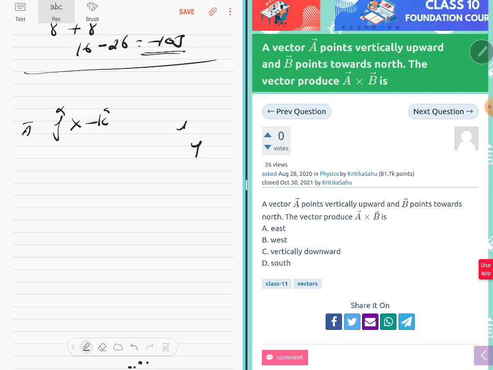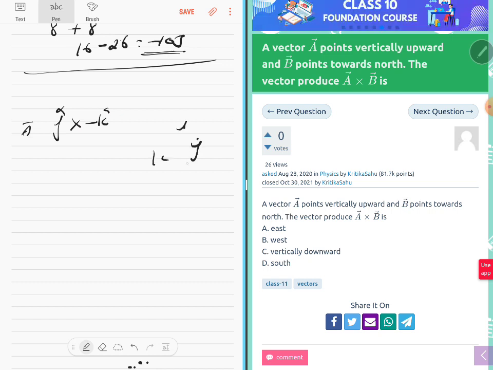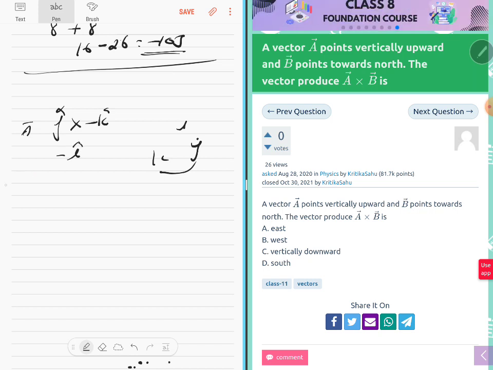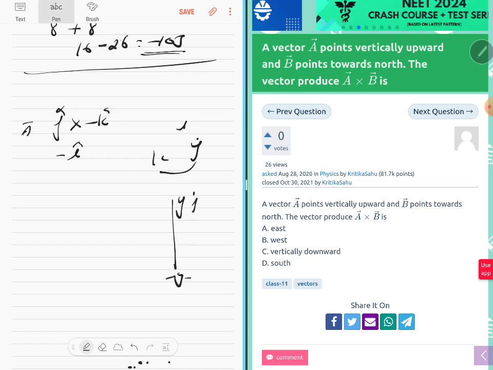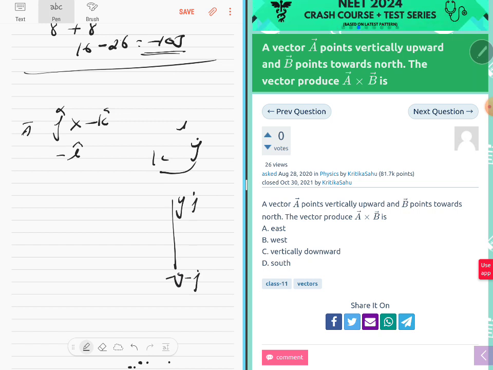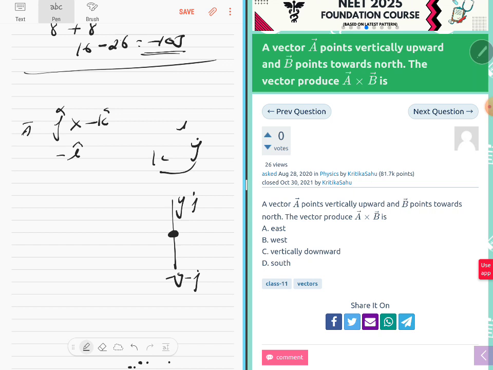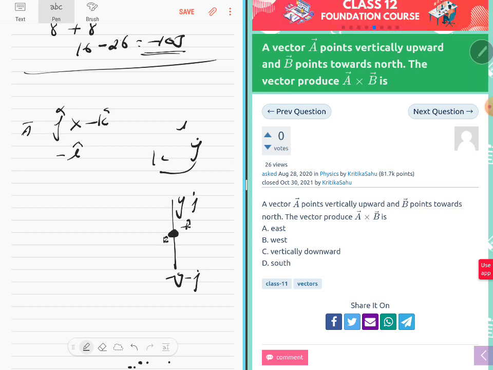And i, j, k, I'm trying. j cross k is i, so you get a minus i. Vector A points upward. Upward and downward is my y-axis, positive j and negative j. B points towards north. North I'm considering as minus k, and outward I'm considering as k.